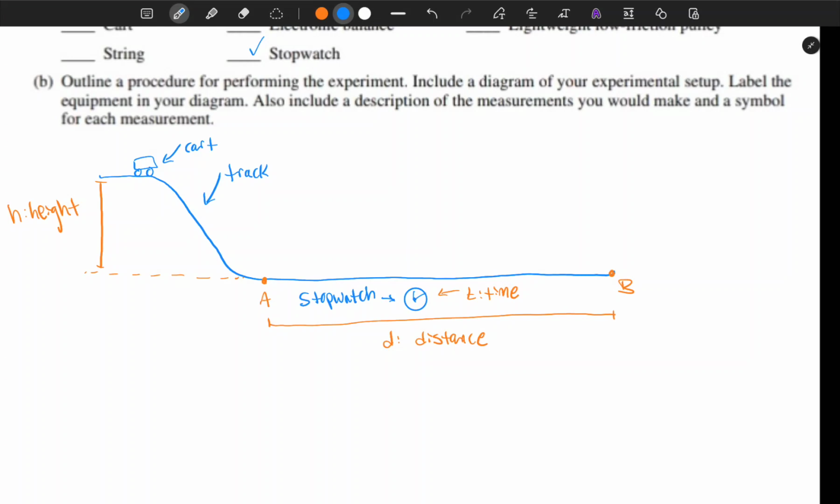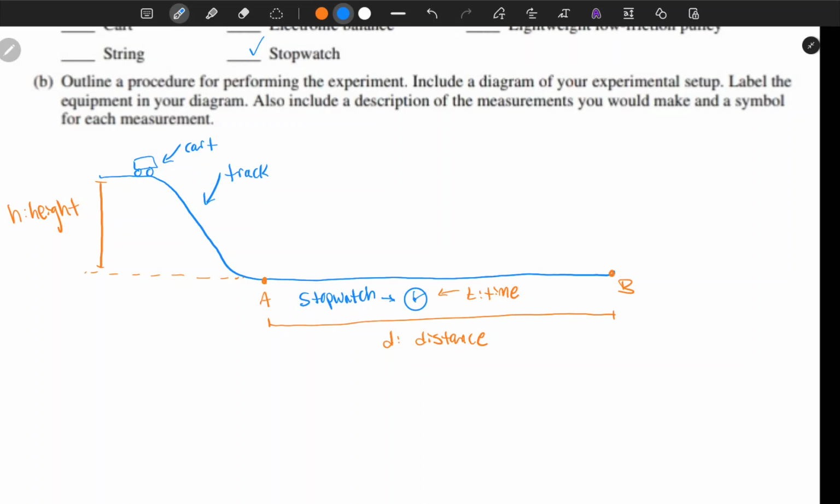My diagram is below. To start, we use the track to lay out the following. Then we place a cart at some height h at the top of the track. This height h is measured by the meter stick. We then let the cart travel down the ramp to point A. Then, at point A, we begin a stopwatch, as indicated here, which gives us a time t it takes for the cart to travel from point A to point B on the track.